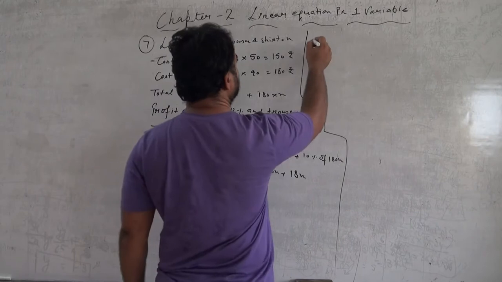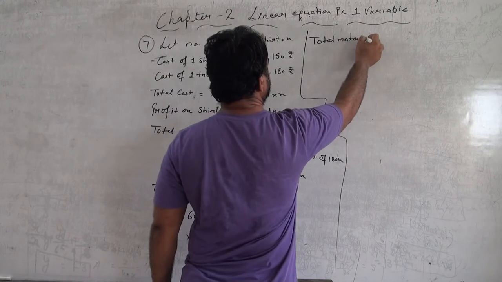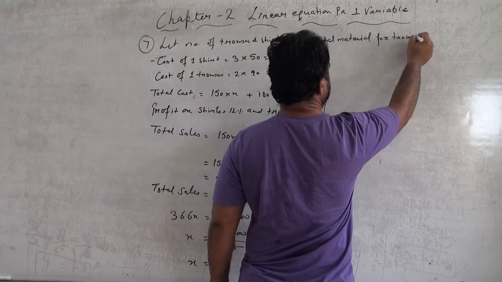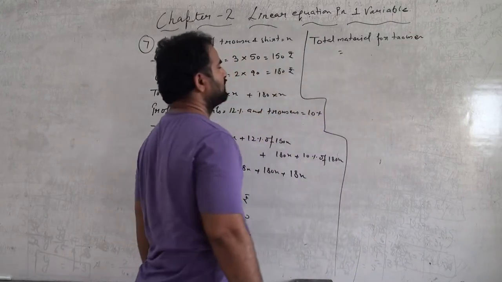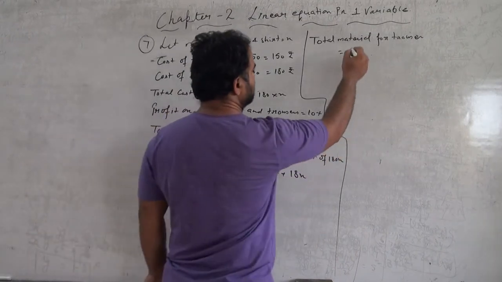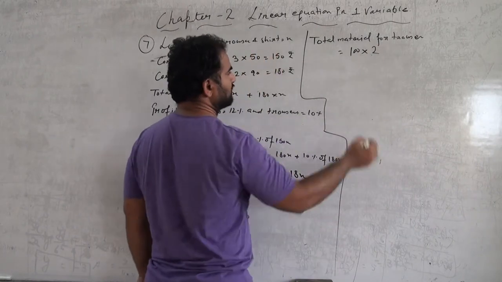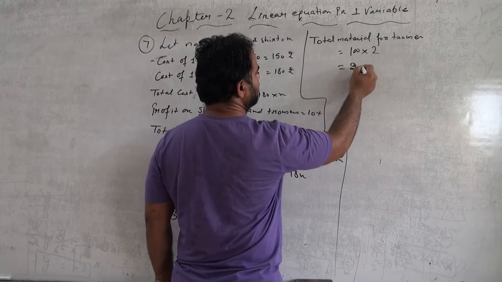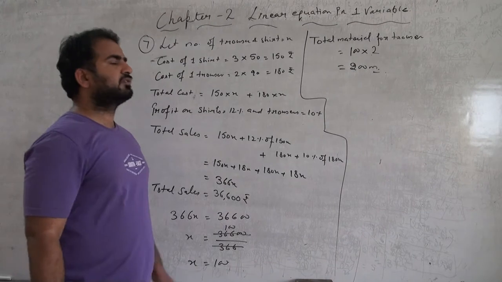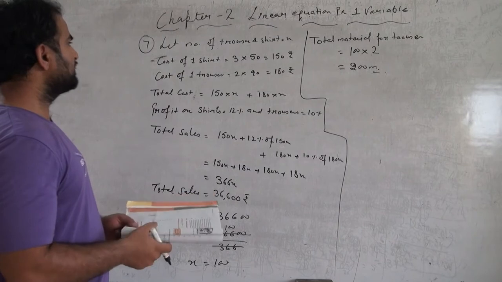So total material for trousers equals, so we have to make 100 trousers, so it will be 100, and for each trouser we have to buy 2 meter of cloth, so equals to 200 meter. This is your final answer. So for trousers we have to buy 200 meter of cloth. Okay, so this is your question number 7.